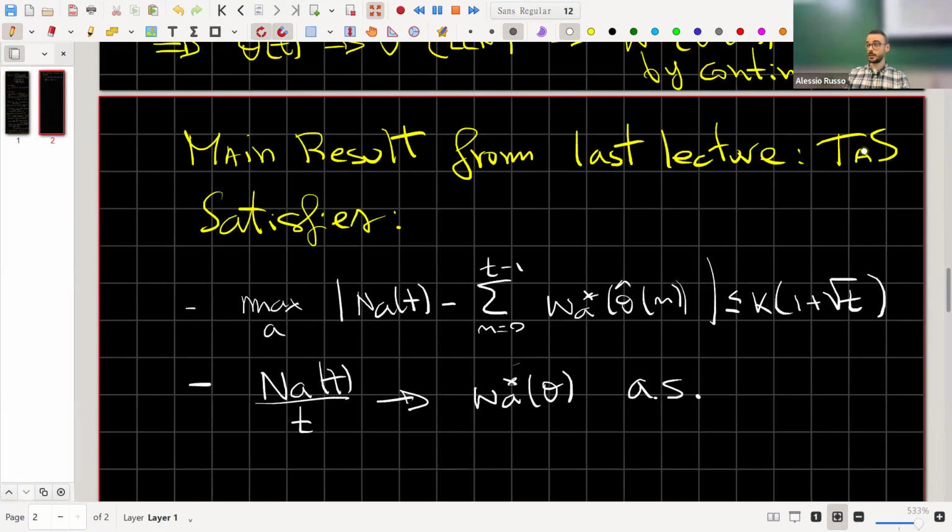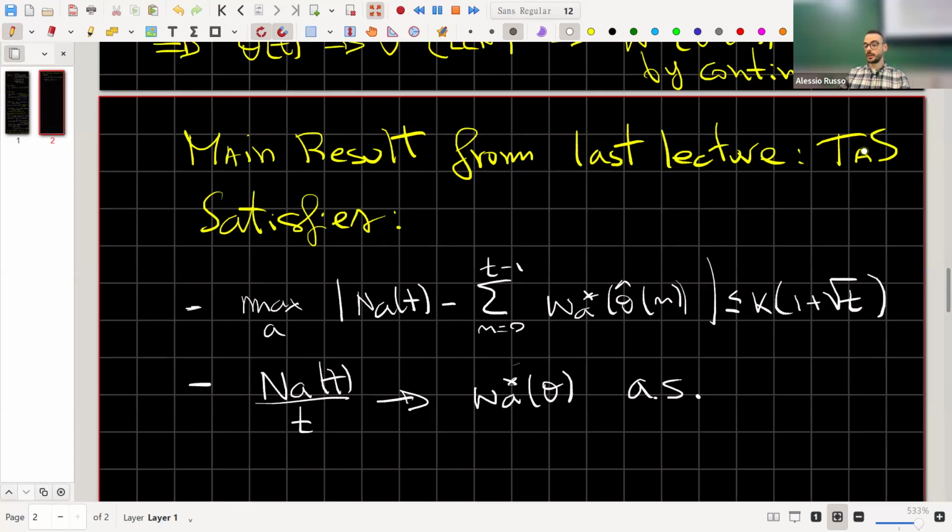So in the last part of the lecture yesterday, we showed this first result that says the number of times we selected this arm A minus this sum of probabilities of that arm. And here it's not W epsilon n, but it's W star. So it's not the projected W star, it's W star itself. So this difference here is at most k times 1 plus square root t.